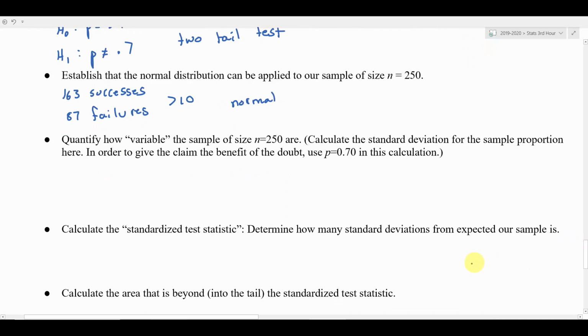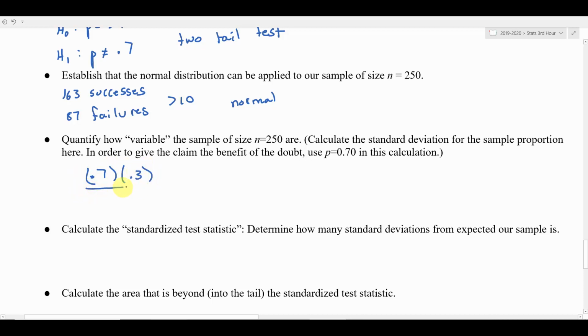All right, so now we want to quantify the variability. This is where we calculate the standard deviation using the p times 1 minus p formula for sampling distributions of proportions. We use the assumed population parameter of 0.7 for that. So we're going to say 0.7 times 1 minus p, which would be 1 minus 0.7, so that's 0.3.